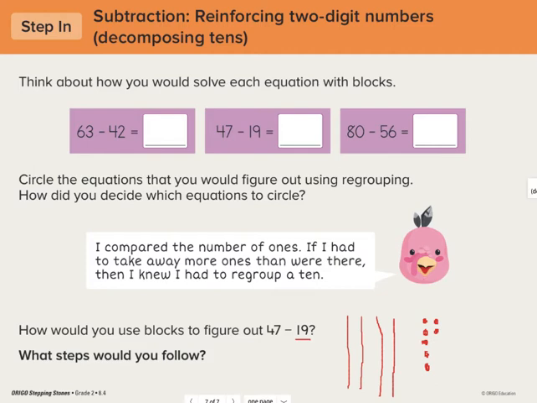So let's take away one of our 10s and immediately trade it for 10 ones. 1, 2, 3, 4, 5, 6, 7, 8, 9, and 10. Okay. So now, can we take away 19?